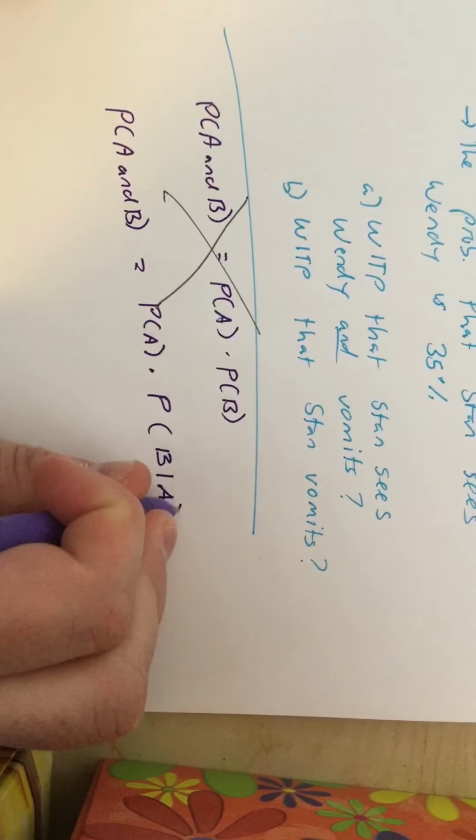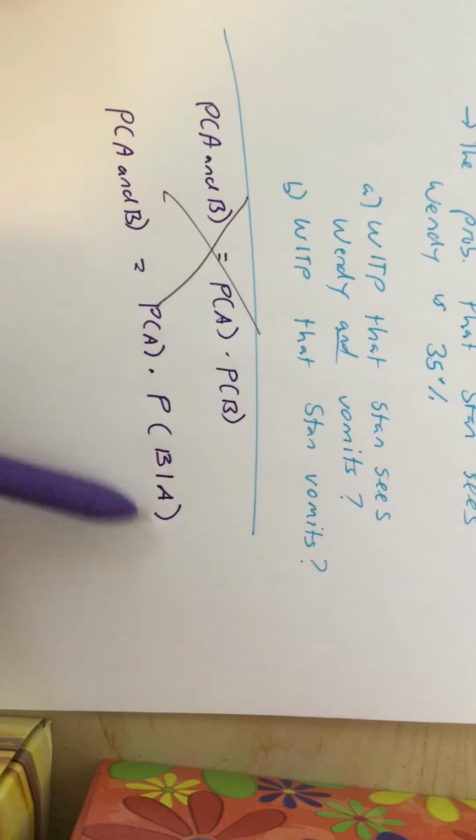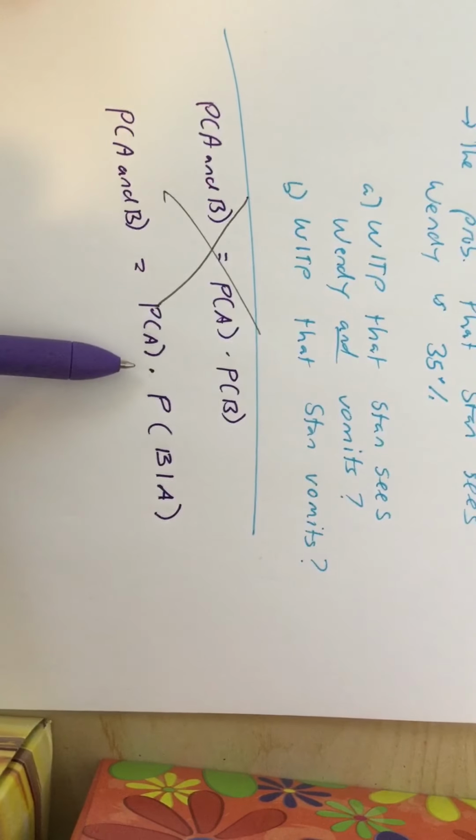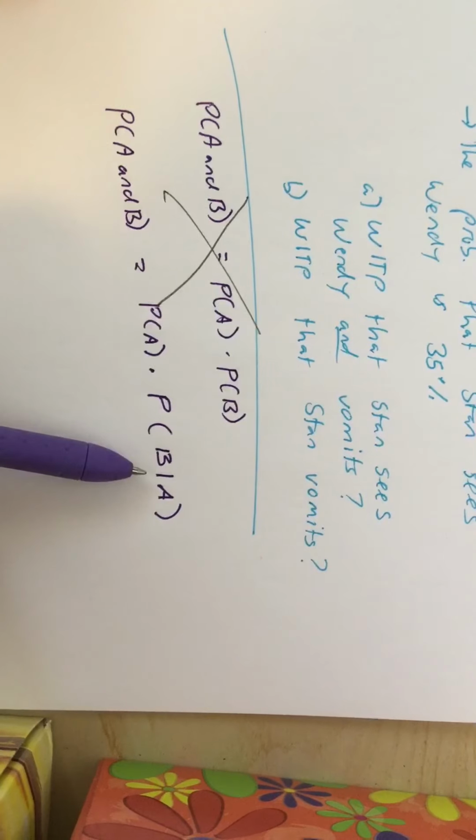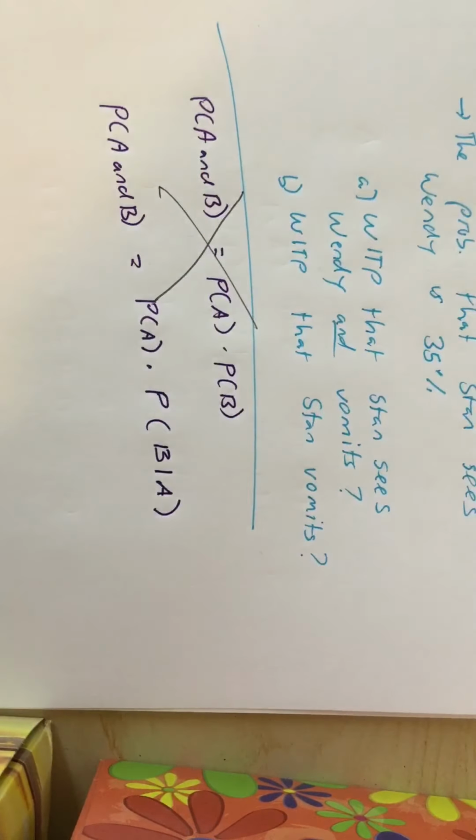What that vertical line meant was the probability of B given A. So this is the probability that A occurs times the probability that B occurs given that A occurs. All right, so that's the formula we're going to be using here to an extent.